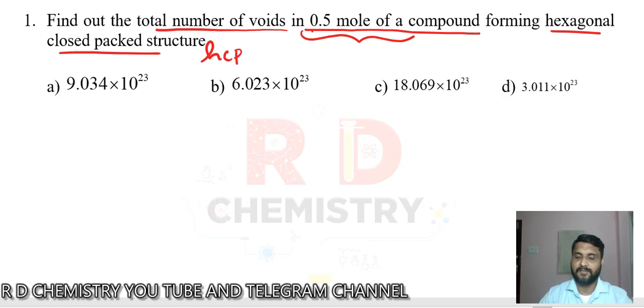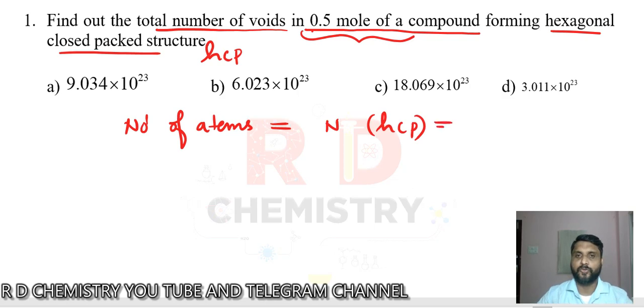Forming HCP structure, we will take it in terms of number of atoms, easier for you to understand. Let the number of atoms which form the HCP lattice be n, equal to 0.5 moles. Now we are supposed to get the total number of voids.